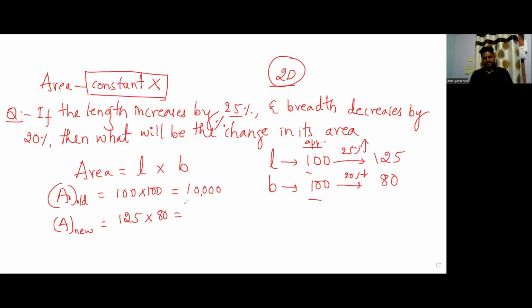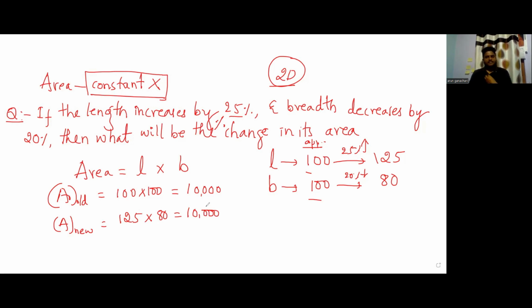Calculate it first. How much are you getting? 10,000. Same only. So your area has not changed.